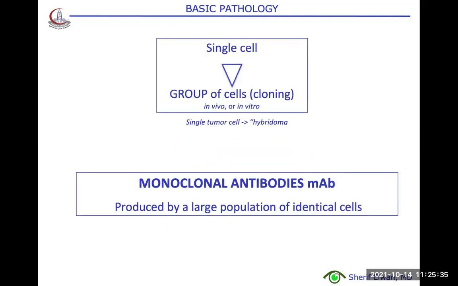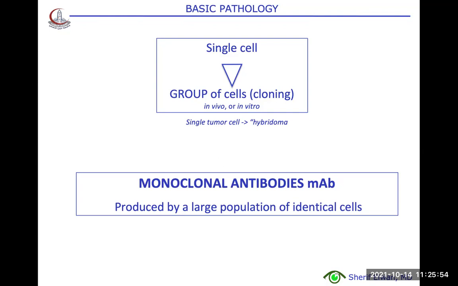Now we know that the antibodies are a normal finding in the human body, and a single cell of the lymphocytes secretes a single antibody, which is the immunoglobulin.